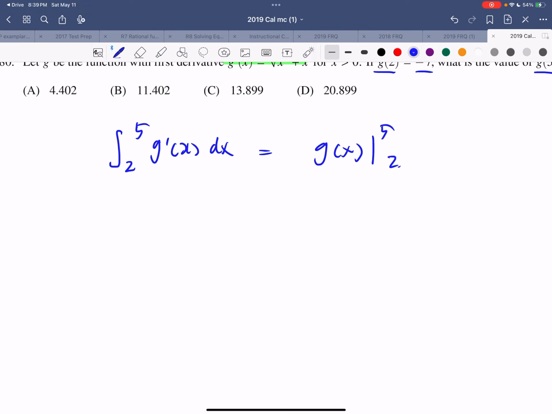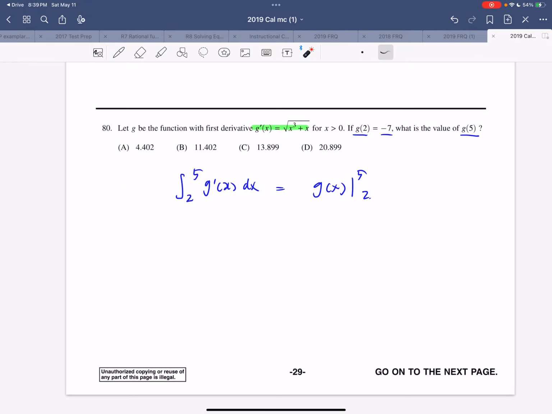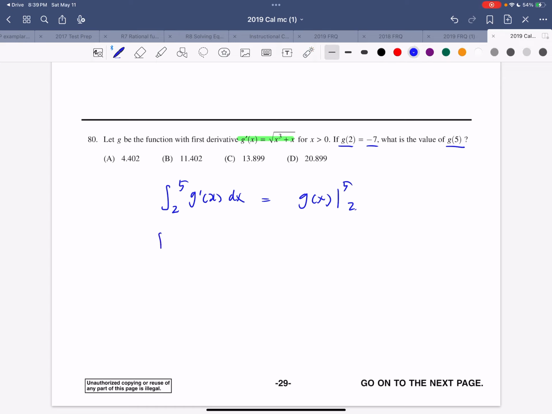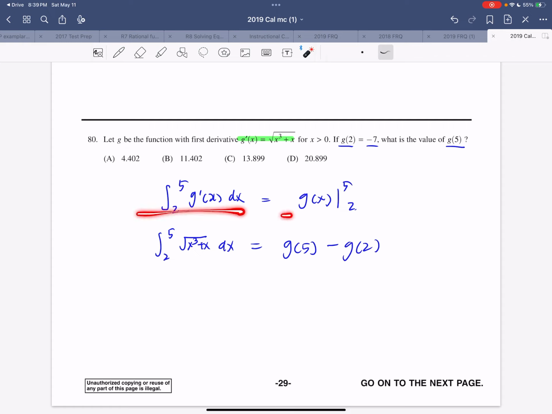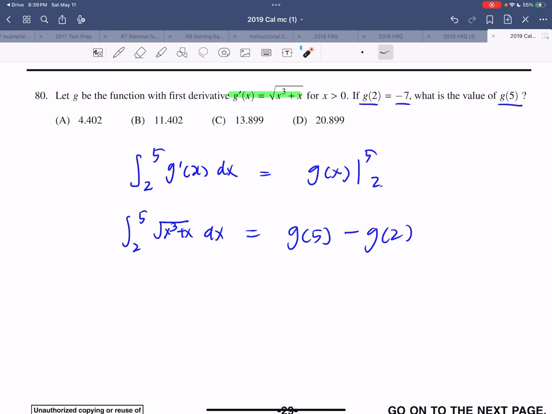Now first, for this portion, you're gonna use the calculator. On menu 4 2, you are going to put this one in, x to the third power plus x, dx. That is equal to g of 5 minus g of 2, because when you actually do it, you're going to get this one, right? So remember this portion.